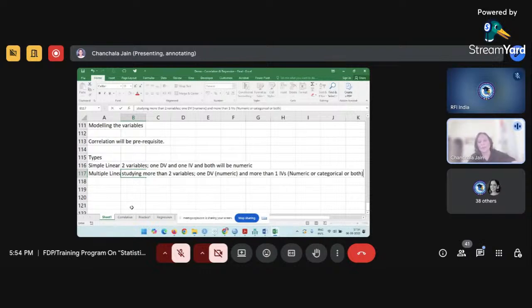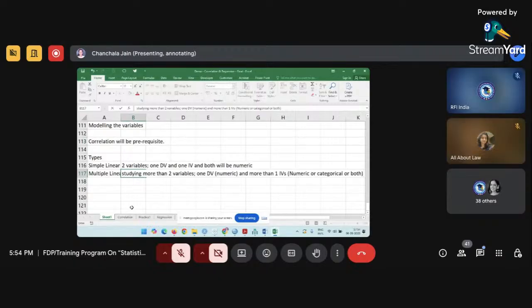Maybe all numeric, maybe all categorical, maybe numeric and categorical, right? So that is the requirement of multiple linear regression. I hope till here I am clear. Everyone, it is fine.